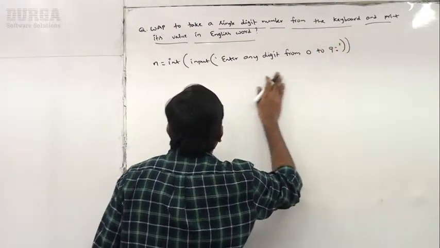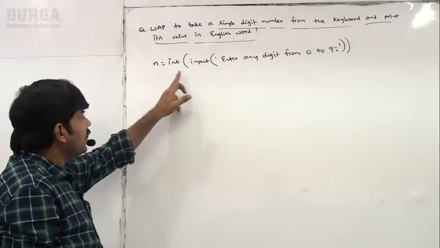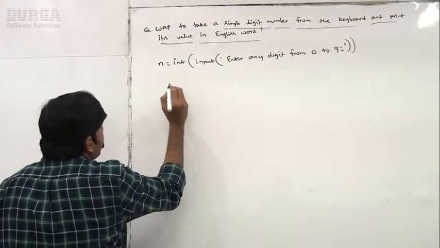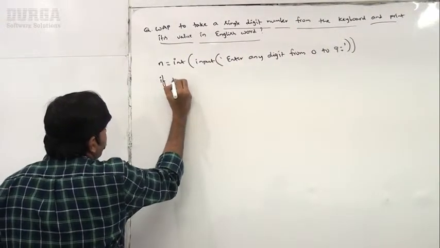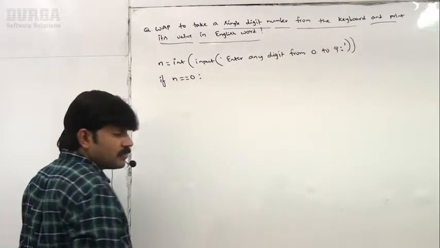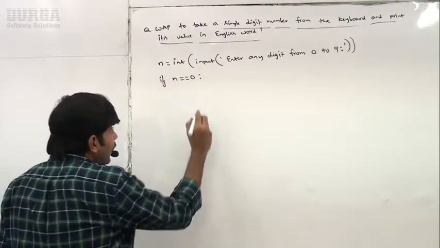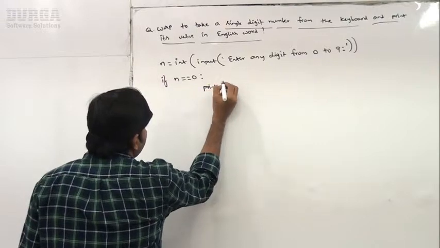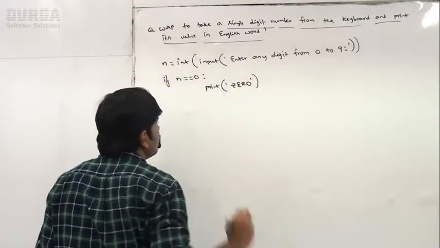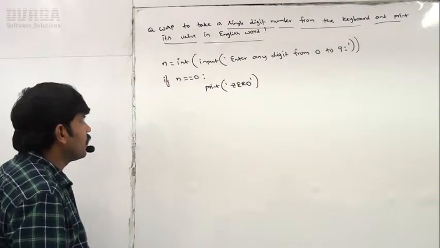Okay, like I'm taking, sir. So can you please enter any digit from 0 to 9? Now, sir, here just observe, if n is equal to 0, what do I have to print, sir? Print 0, like this I have to print 0.